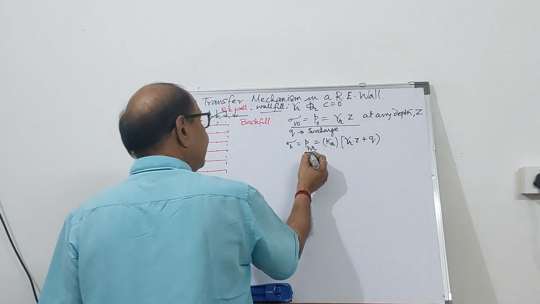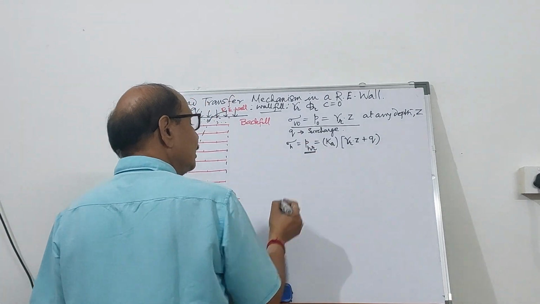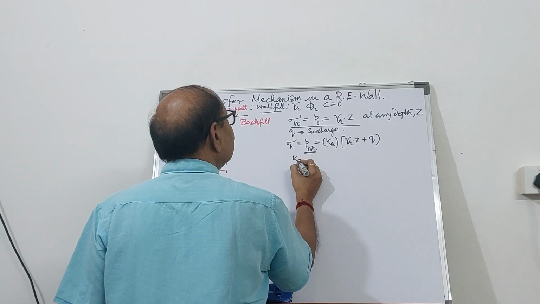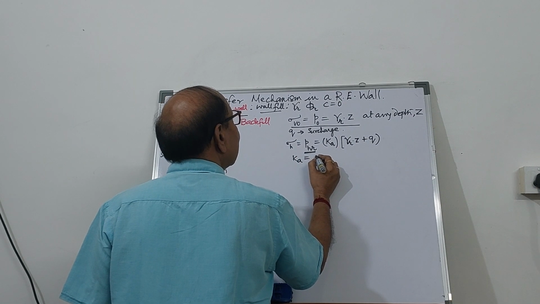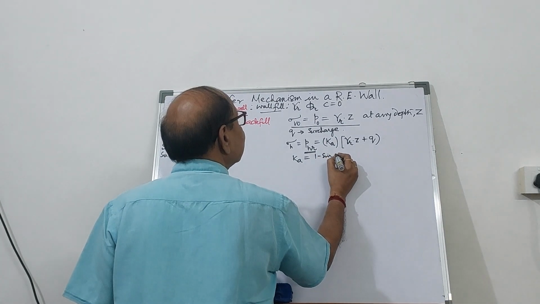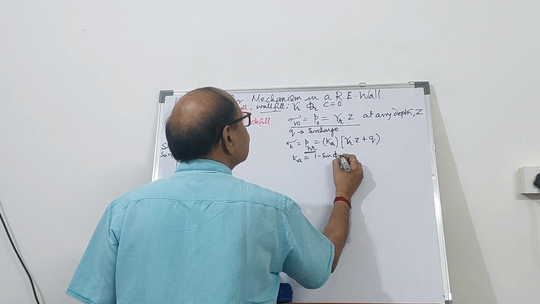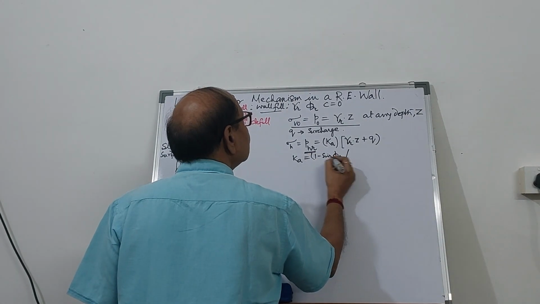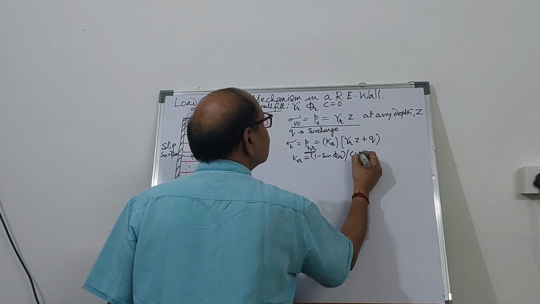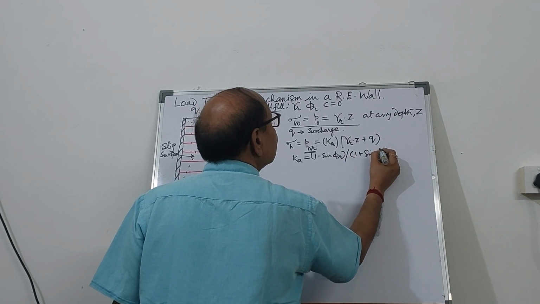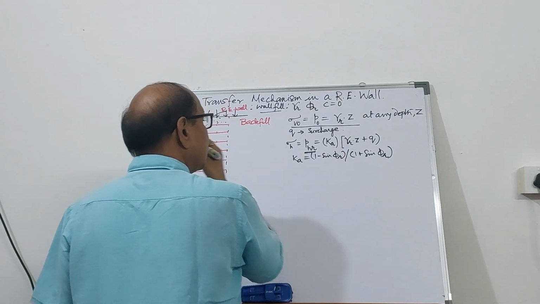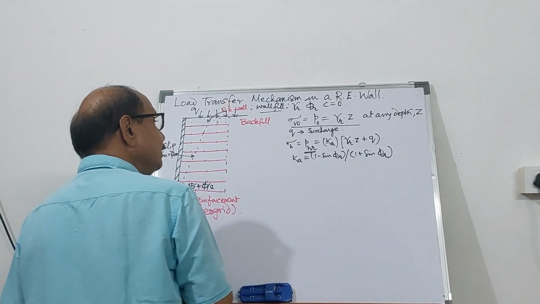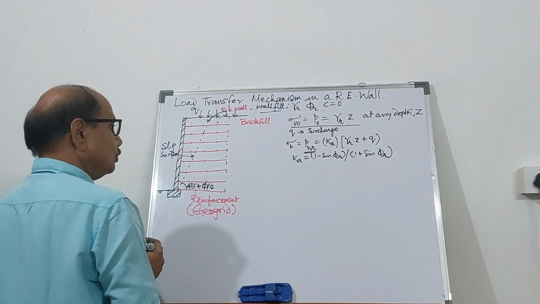So you can calculate the horizontal pressure where K in the wall fill material, that is the reinforced zone, can be found out from famous expression 1 minus sine phi r upon 1 plus sine phi r, where phi r is the angle of internal friction in the reinforced zone.